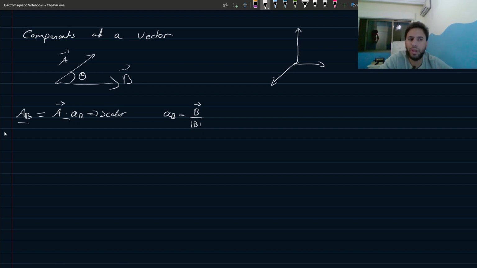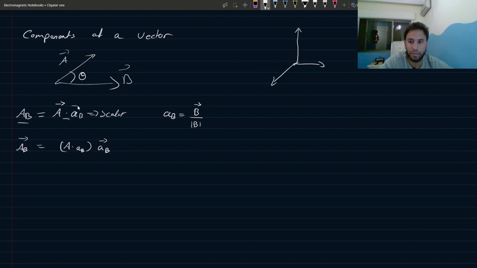But what if you want it as a vector? You don't want it as a magnitude, you want a direction with it. Well, you can. Let's say vector A along B is equal to A dot AB multiplied by AB.